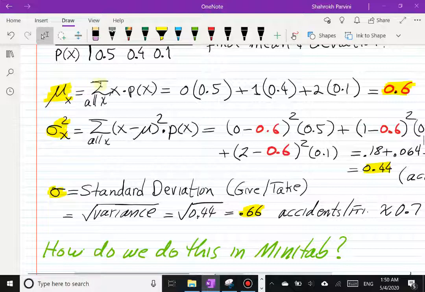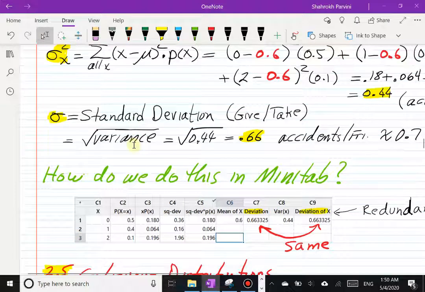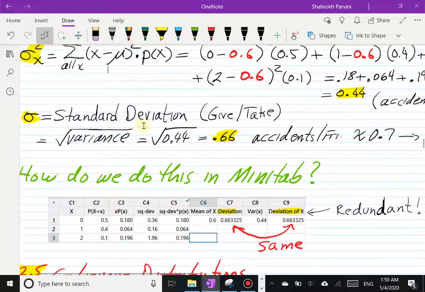Okay. Now in Minitab, by the way, look, isn't that cool? This is what we're about to get. Here I actually have something labeled for you. I was messing around with this. I know these two are redundant, so it's not necessary to do this twice. I just want to show you can label these however you want. Just call it deviation of x, and here's variance, and here's the mean of x.